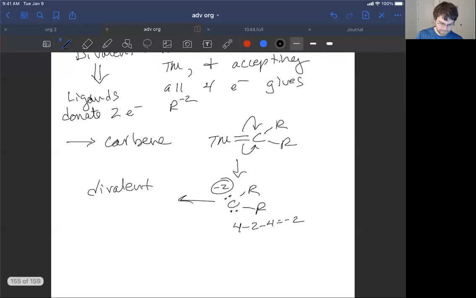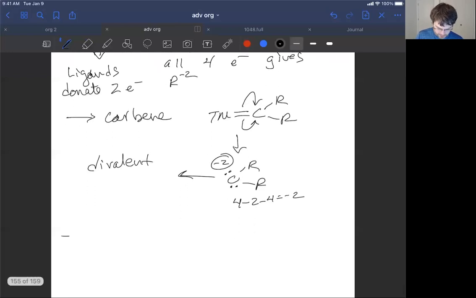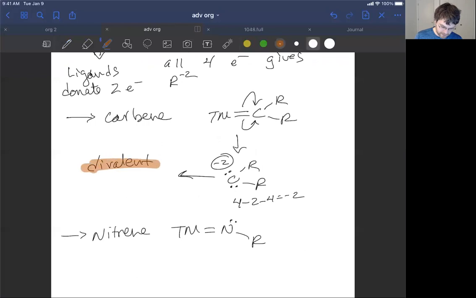Okay. Another example would be a nitrene. You could do the exact same exercise, except it's a nitrogen with a lone pair, 2 bonds to the transition metal and 1 bond to some R group. It also provides 2 electrons. So divalent ligands that donate 2 electrons.